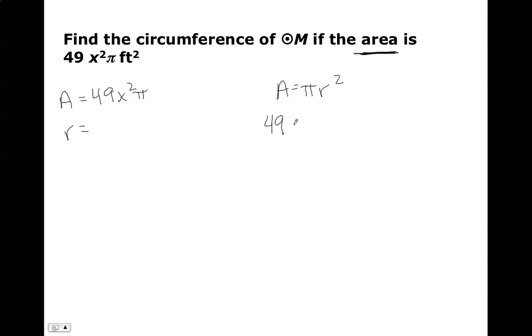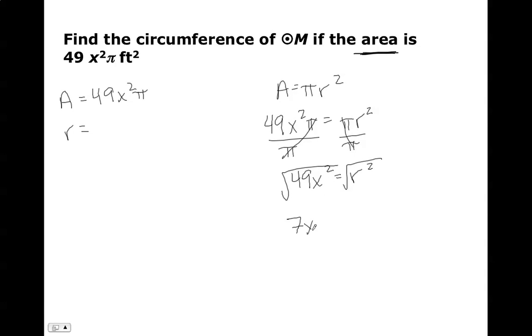So when we substitute in, we need to work on getting r by itself. To get r by itself here, we have to square root both sides. Square root of 49 is 7. Square root of x squared is x. So the radius is 7x feet.